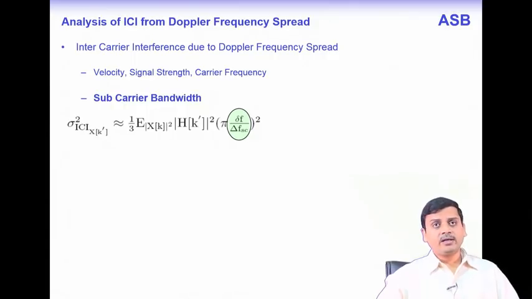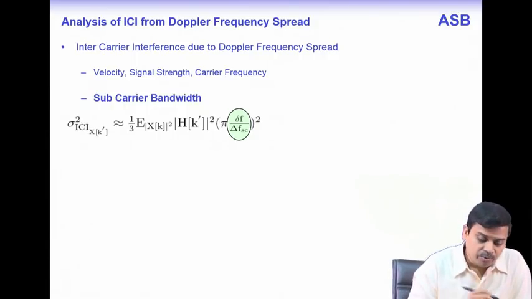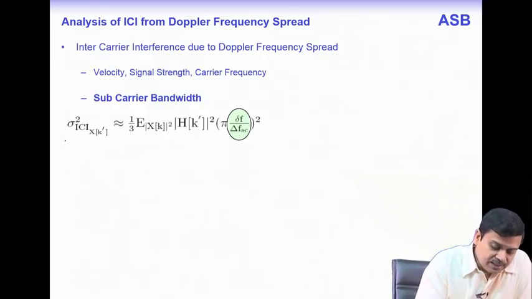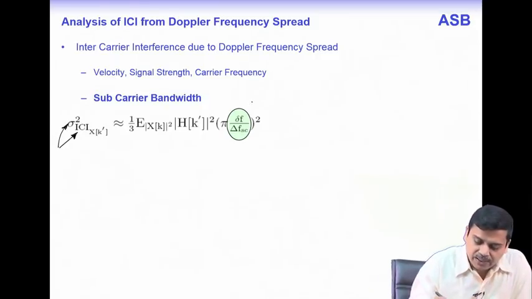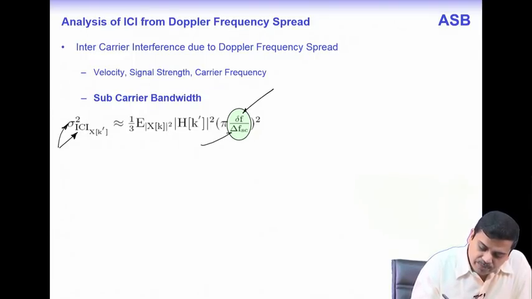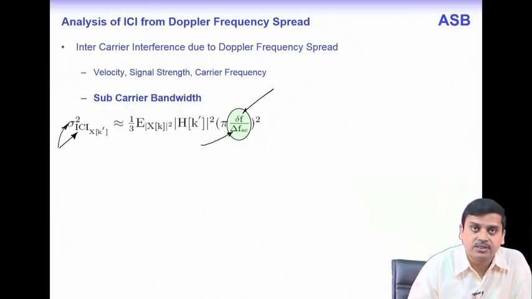So, if we look at how Doppler affects the intercarrier interference, we will find that in the intercarrier interference power term, this is the power for intercarrier interference, there is a ratio of frequency offset with respect to the subcarrier spacing. So, this delta FSC is the subcarrier spacing.